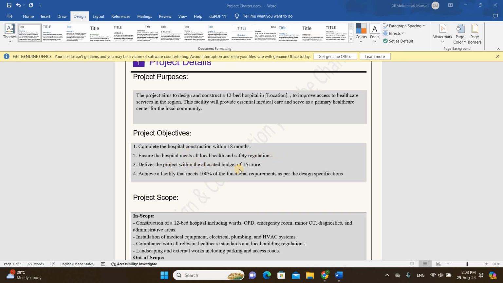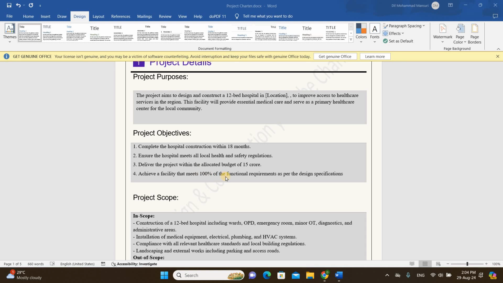Then deliver the project within the allocated budget of 15 crore. We will have a budget for any project, so the objective is that we should not cross the budget. Whatever budget has been allocated for the construction of the hospital, we should stay within it. So we have to mention that also.